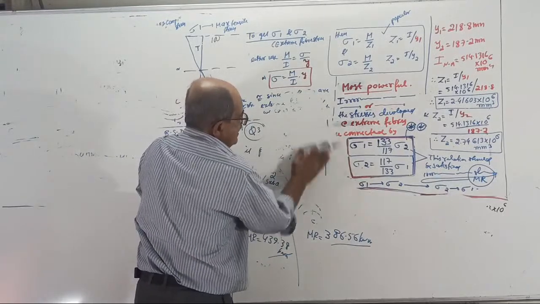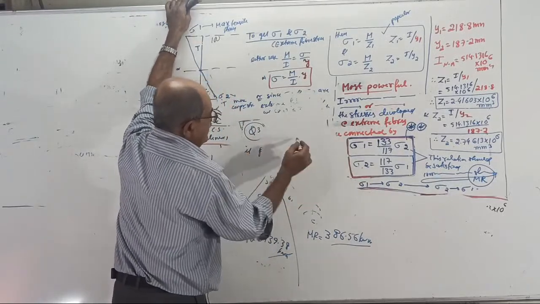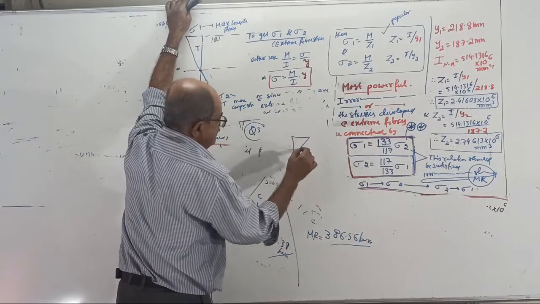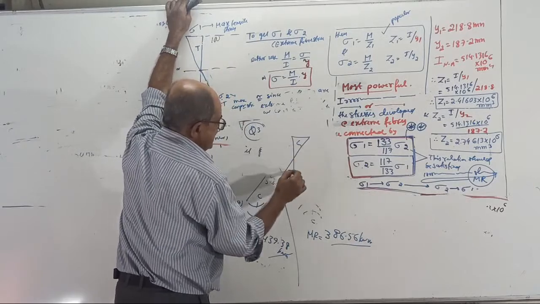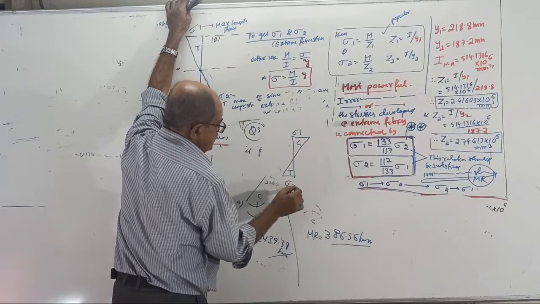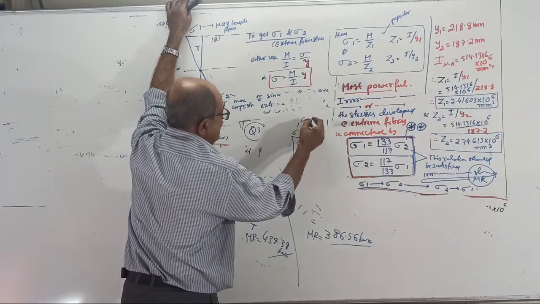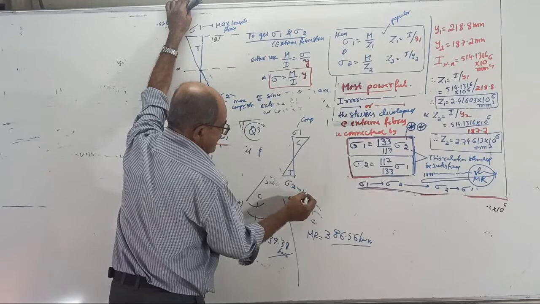This is a stress diagram. Compression, tension, sigma 1, sigma 2. This is compression, this is tension.